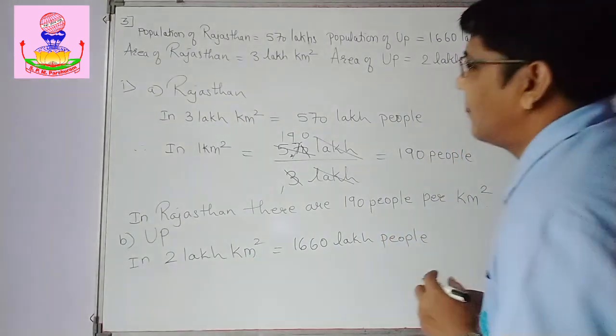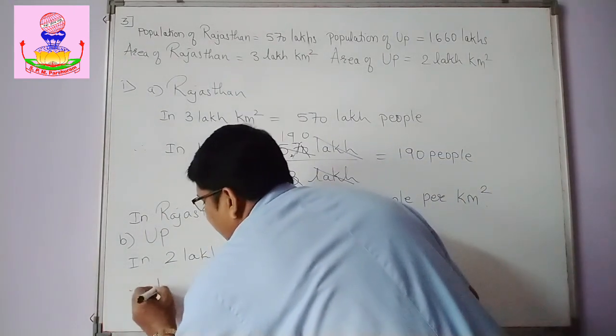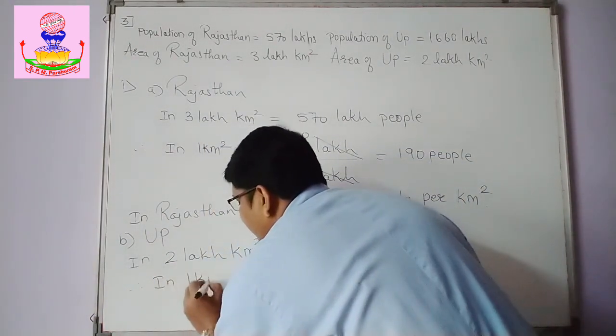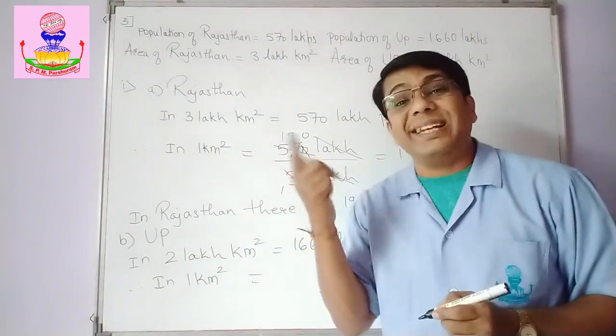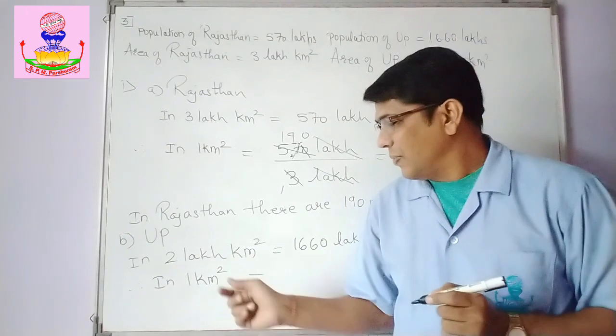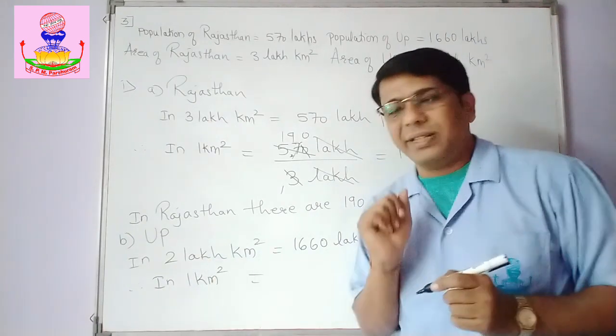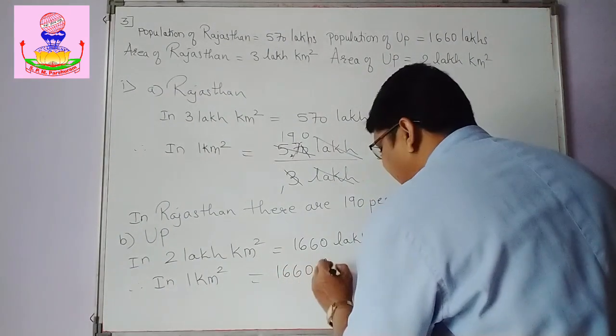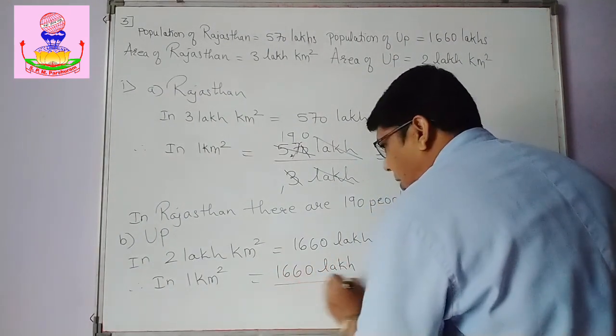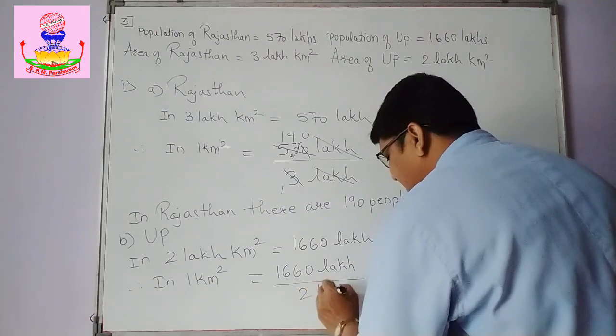Okay. So I want to find 1 kilometer square. I don't want to find 1 lakh kilometer square. Keep this in mind. So lakh has to be divided. Do you understand? So 1660 lakh upon 2 lakhs.